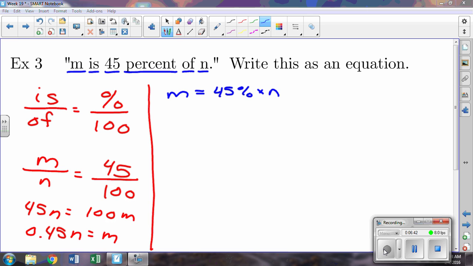And so we can create an equation which has the percent symbol in it. Unfortunately, when we work with percents, we can't do operations with the percent symbol. We can have fractions, we can have decimals, either one of those are fine. If we choose to write it as a decimal, 45% is 0.45. And you can note that that's the exact same thing that we have in the red. It just gives us a different way of building it.